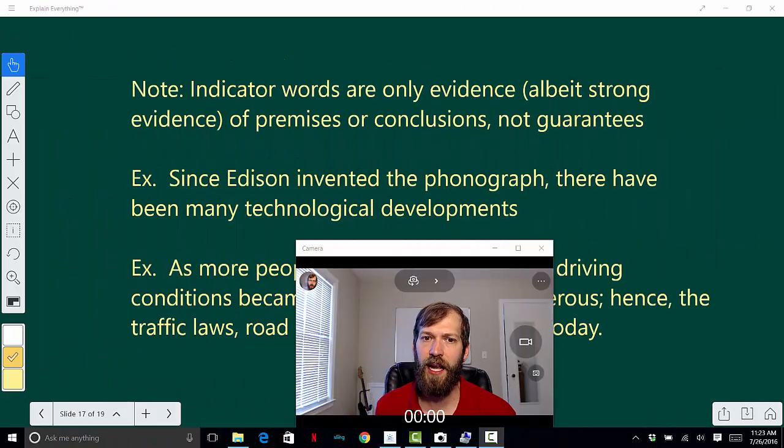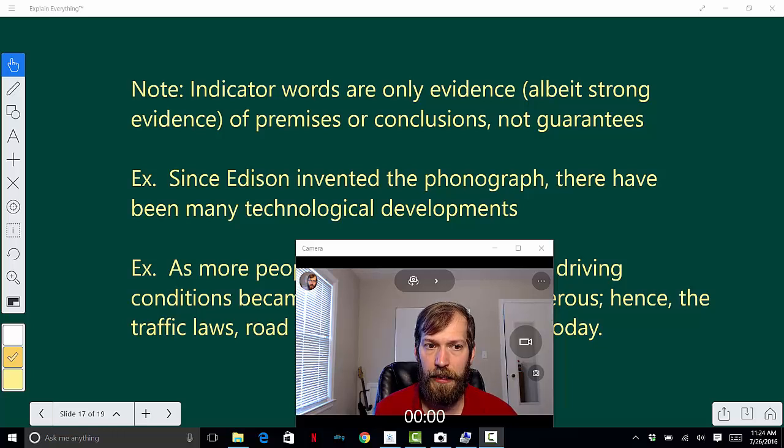It's important to point out that indicator words are only evidence that you're being presented with a premise or conclusion. They don't guarantee it, actually. And I wanted to point out some examples so that you get a sense of when we have indicator words that don't actually tell us that we're being given a premise. So our first example says, since Edison invented the phonograph, there have been many technological developments. The strong reading of that isn't, it's true that there have been many technological developments because it's true that Edison invented the phonograph.